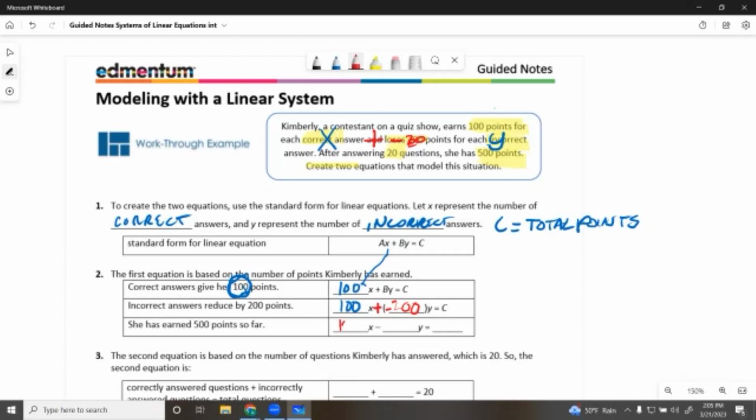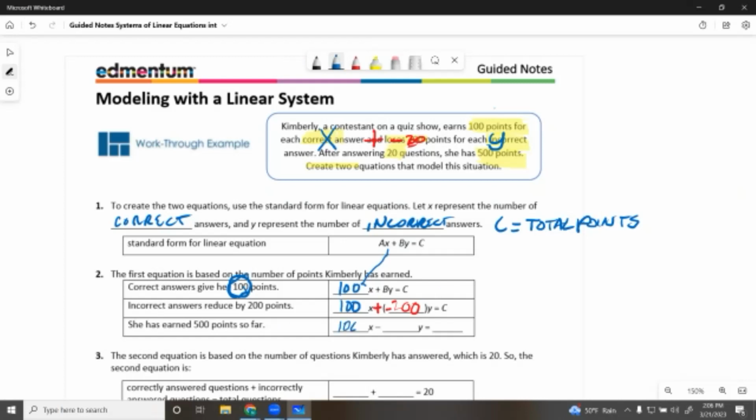Oops, I didn't mean to do that. Let's go back. I want it to be blue. Why? Because I said so. Get my cursor action back here.